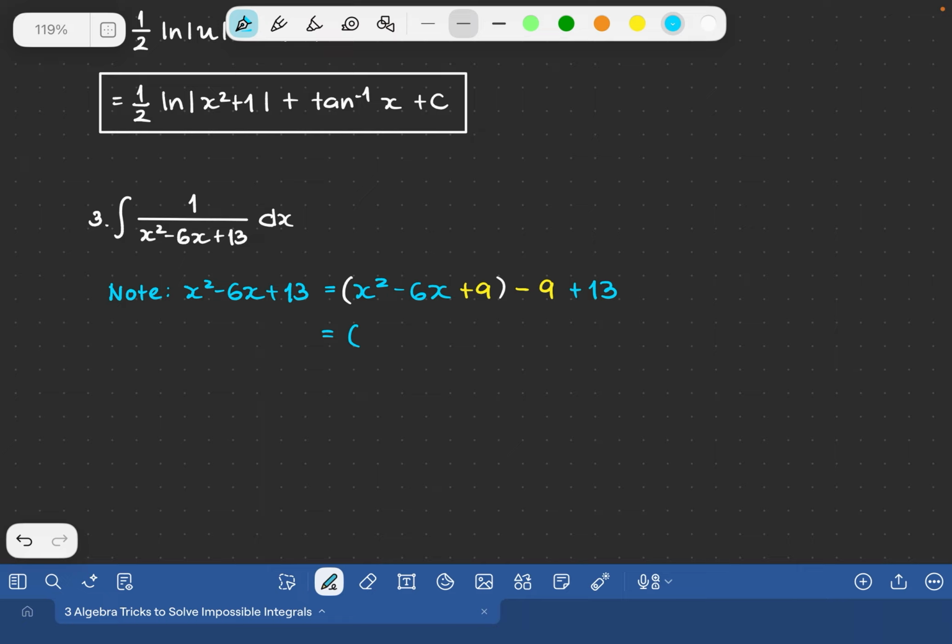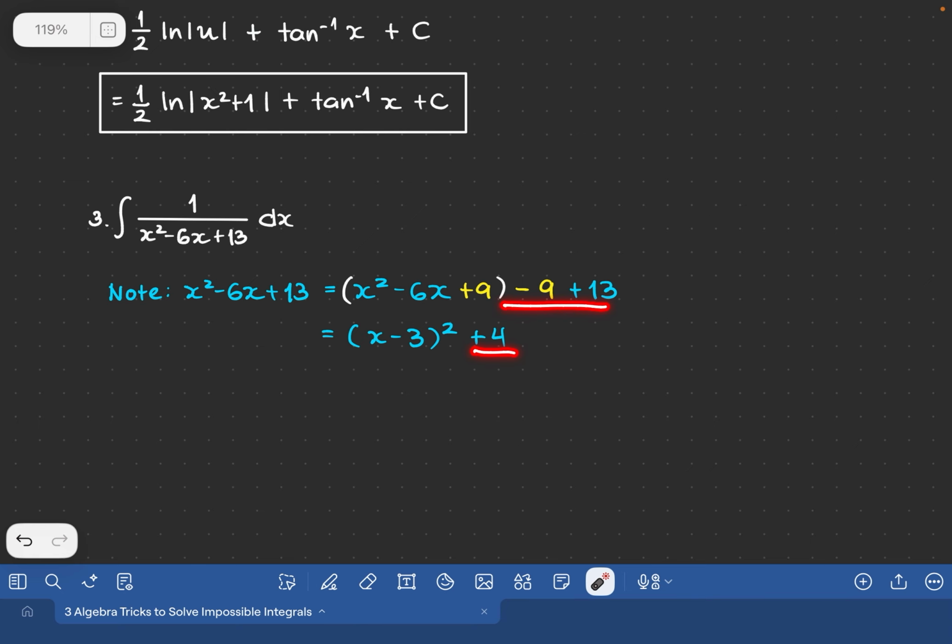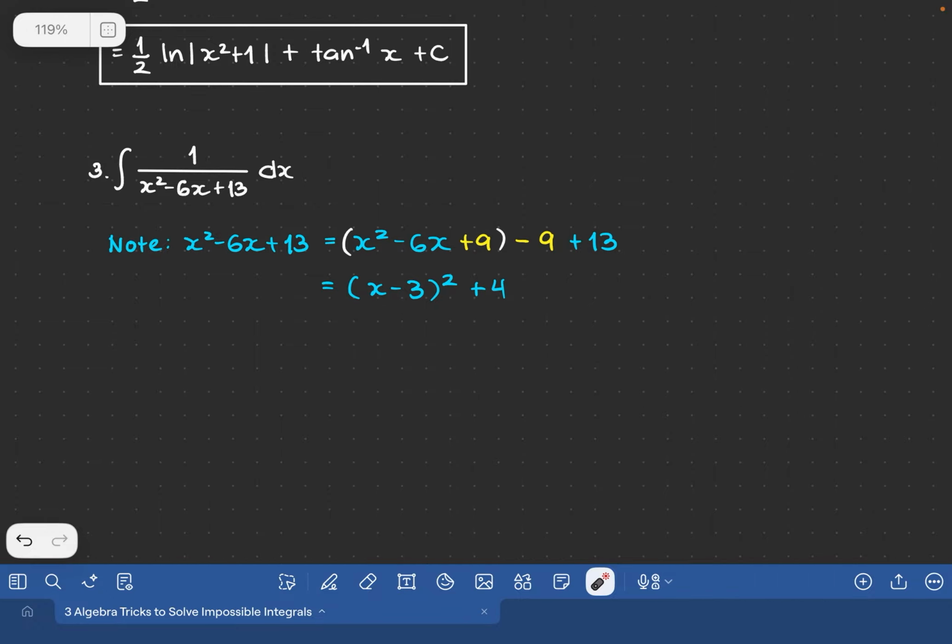In particular, this factors into x minus 3 squared, then plus 4. The 4 came from the combination of these two. Why is it x minus 3 squared? Basically, when you convert a perfect square trinomial to a square of a binomial, you get the square root of this, you get the square root of this, and you copy this sign out here.